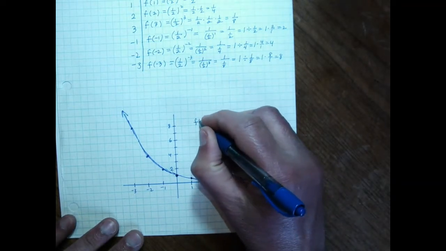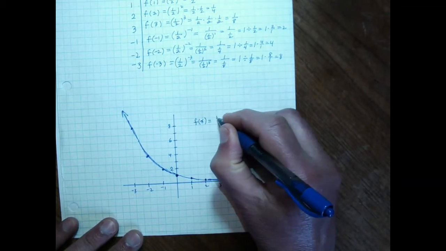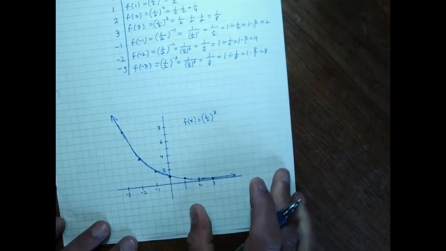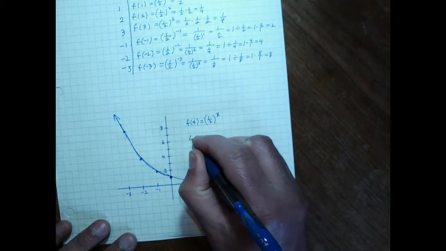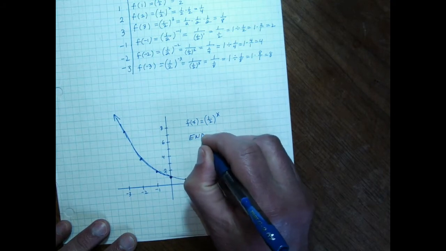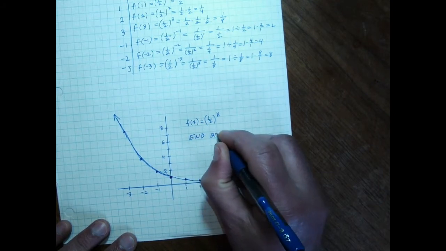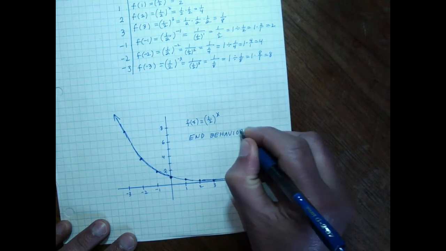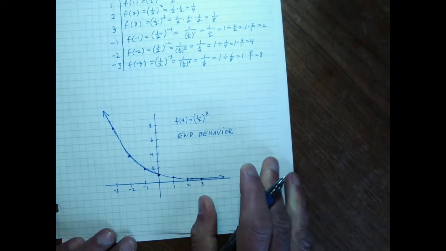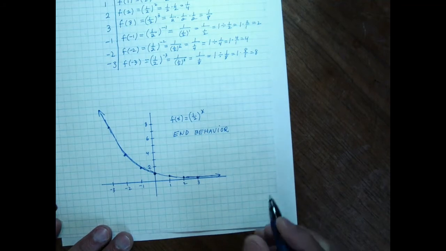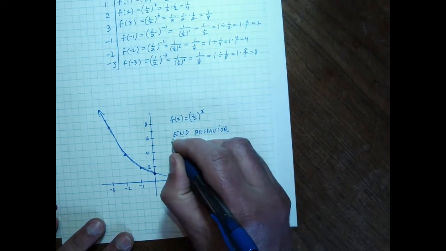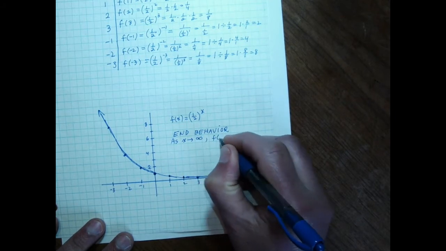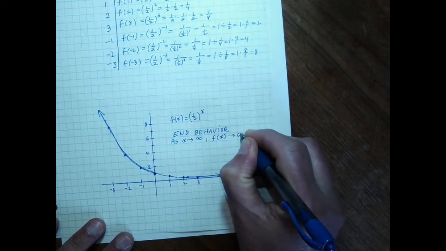Remember, this is f of x equals 1/2 to the x. The main difference here is in the end behavior. We have the reverse of the end behavior we saw with 2 to the x or 10 to the x. As x approaches infinity, f of x approaches 0.